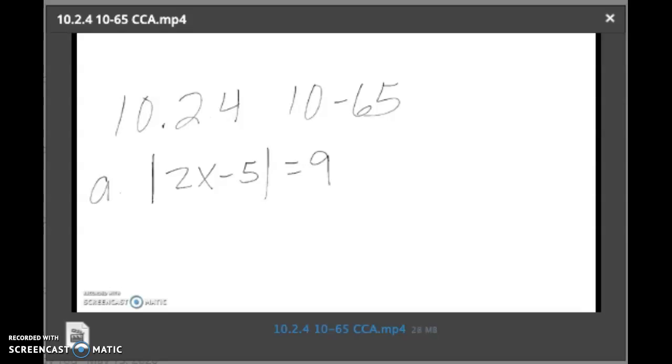So basically what this problem is saying is this stuff that I'm highlighting, in between the absolute value bars, has got to be exactly 9 units away from 0. It could be 9 units away from 0 to the right of 0, or 9 units away to the left of 0.